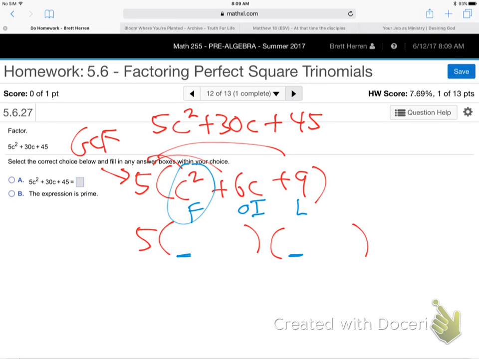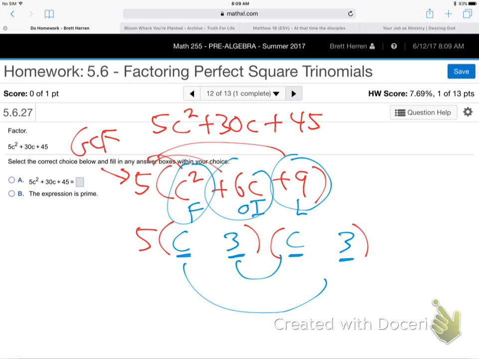Front times front to make front. What times what makes c squared? C times c makes c squared. Good, and then last times last to make 9. 3 and 3 makes 9. Yeah, and then do they make the middle?